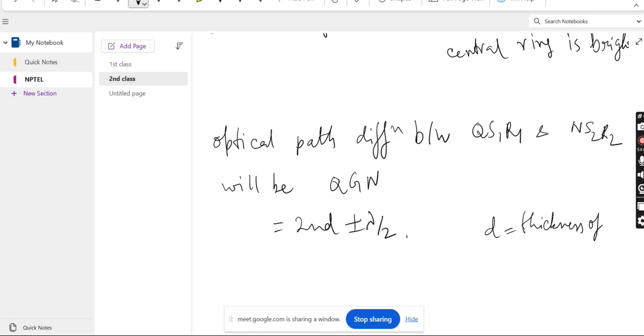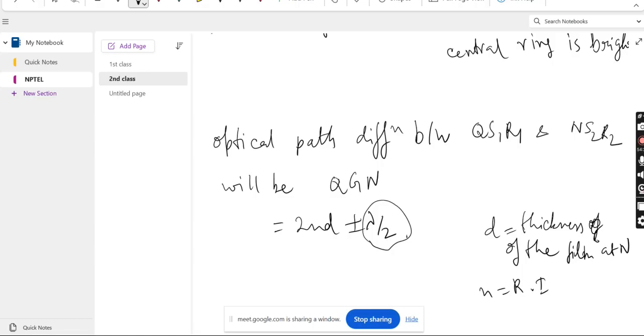So D is the thickness of the film at N, and N is the refractive index. Why are we adding or subtracting lambda by 2?